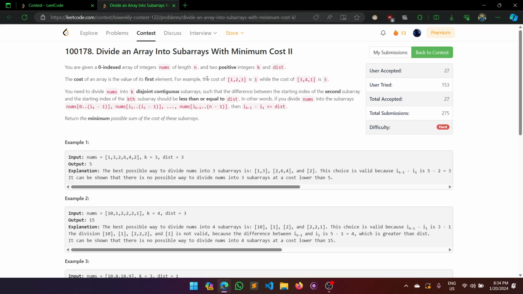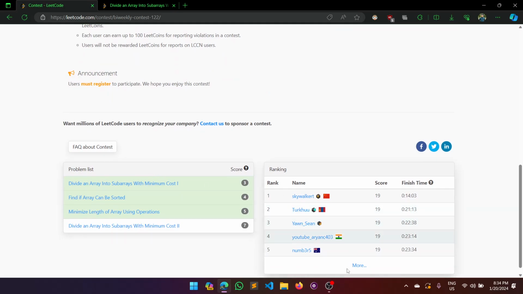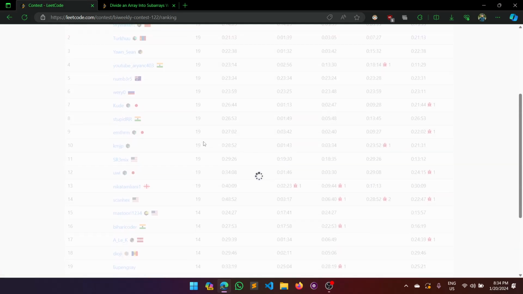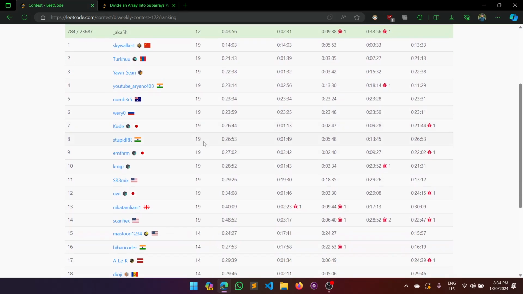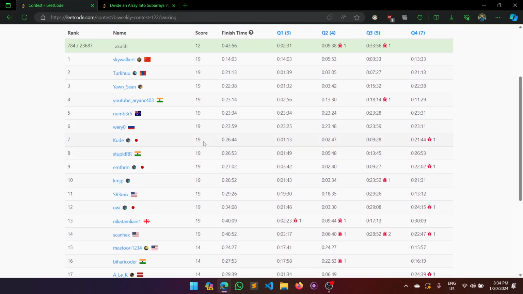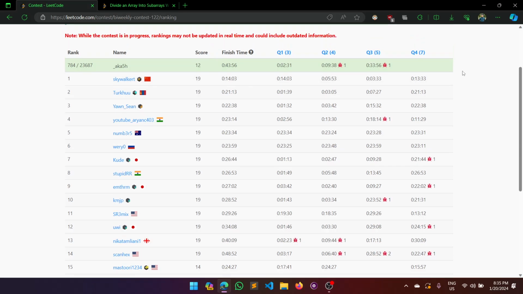Divide an array into subarrays with minimum cost. Oh, is that an existing problem? Oh, first one. That's crazy. I took like 23, 24 minutes.